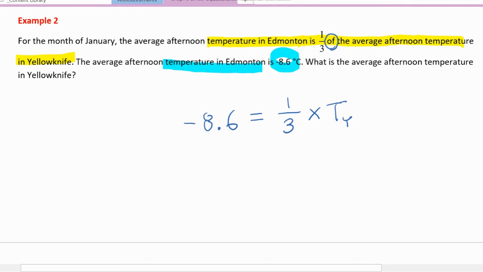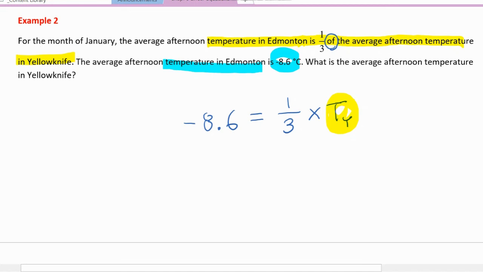So we're going to isolate the variable. To do that, we have to get rid of this multiplication by 1/3.